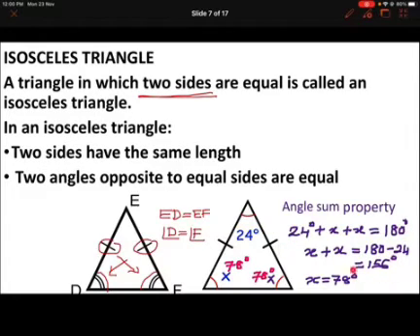After that, I removed the 24 degrees and divided 156 degrees into two parts. We got 78 degrees, that is x here is 78 and this angle is also 78. So 78 plus 78 plus 24 should give us 180 degrees. I hope this property is clear to you.